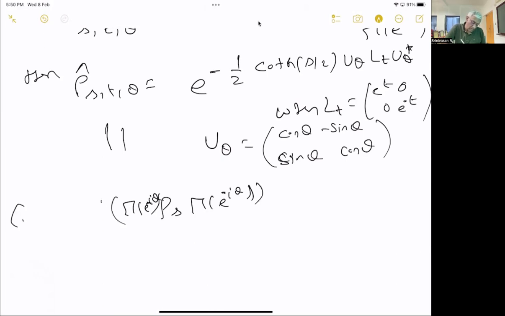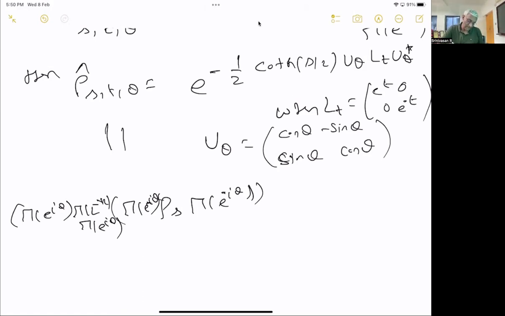Then gamma of e power I theta L gamma of L power minus half. Actually the homomorphism property is not needed, because once you conjugate it, you will get the unitary inside.